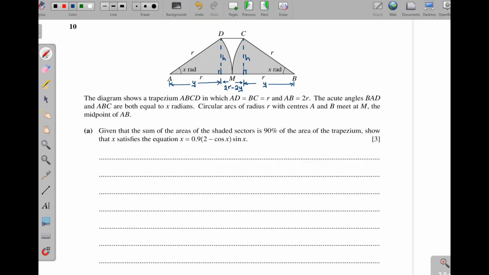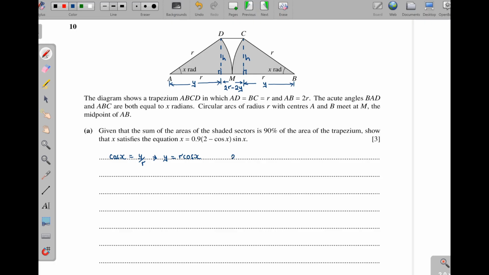Then, of course, since this one is a right angled triangle, then we can use SOHCAHTOA, not so? So cosine of x here is going to be equal to the adjacent out of the hypotenuse. So adjacent is y out of the hypotenuse, which is what? R. So meaning y will be equal to r cosine of x. Is that clear?